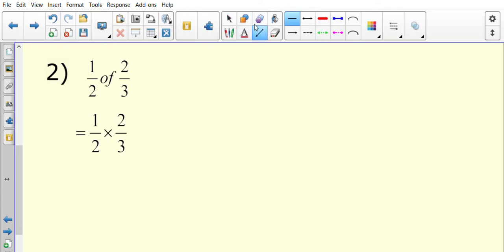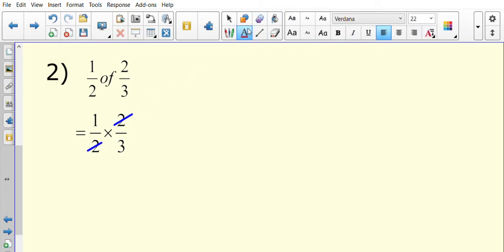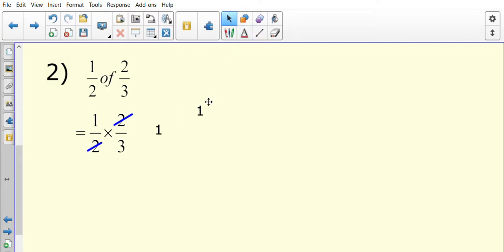So here I have 2 and 2. Now they can both be divided by 2. And doing so, 2 divided by 2 leaves me with 1. 2 divided by 2 leaves me with 1.